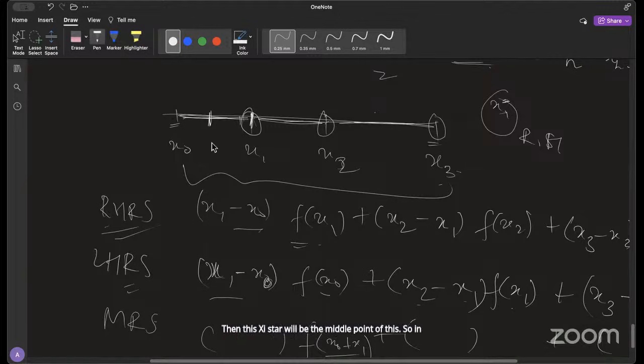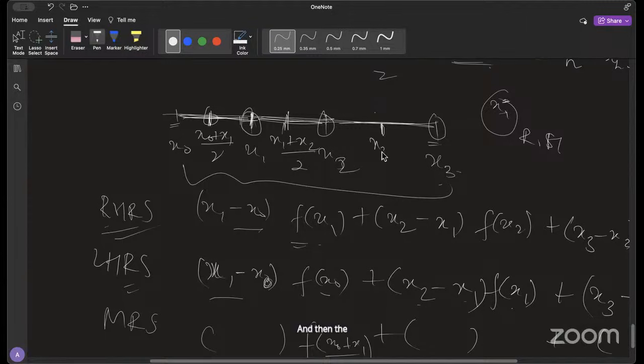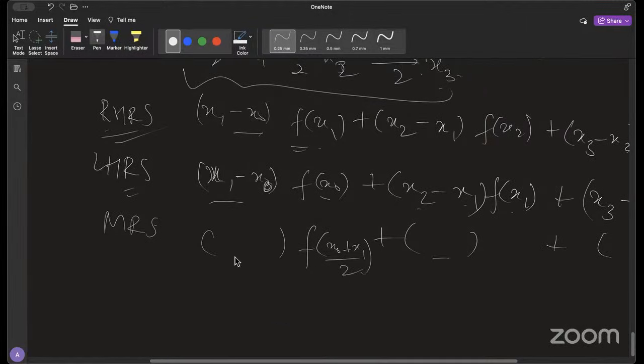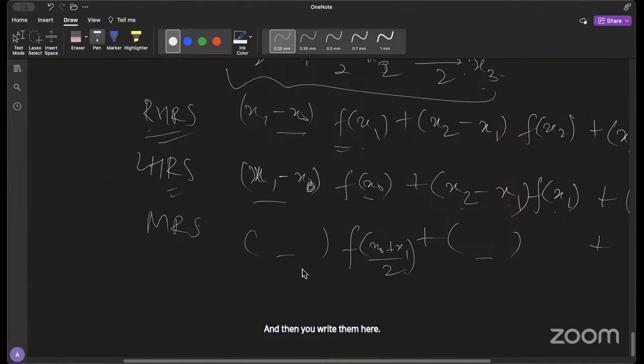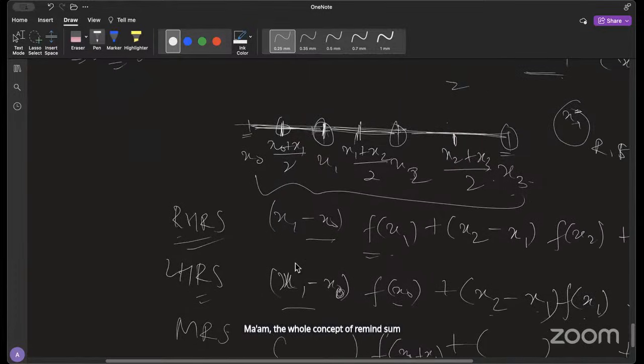So in middle Riemann sum, the point that you consider is the middle point of this interval, then the middle point of this interval, and then the middle point of this interval. And then you write them here. Is this okay?